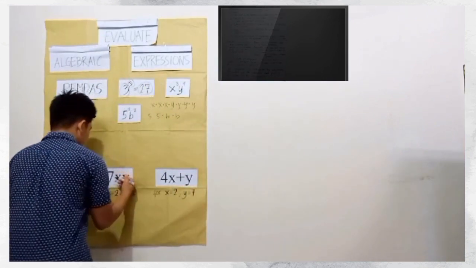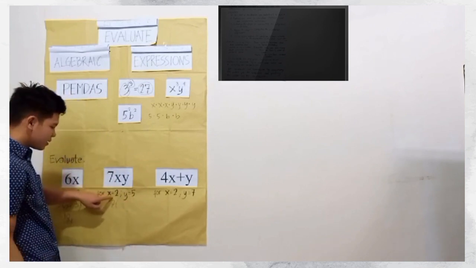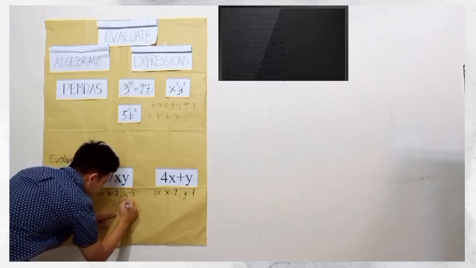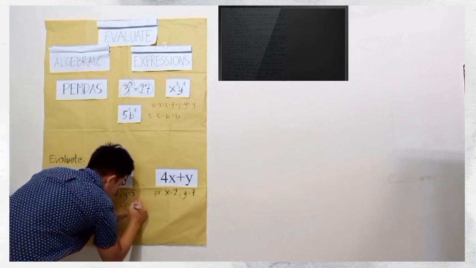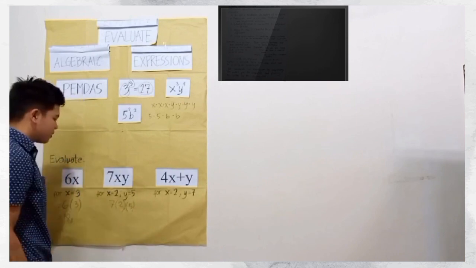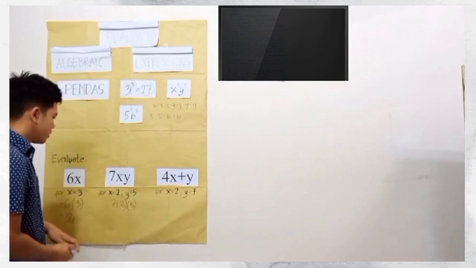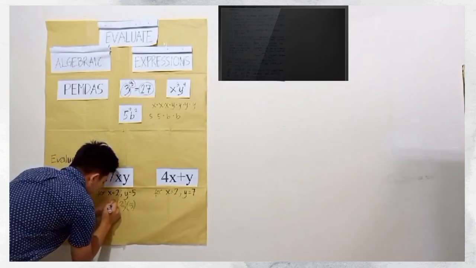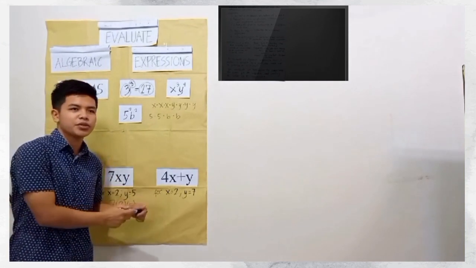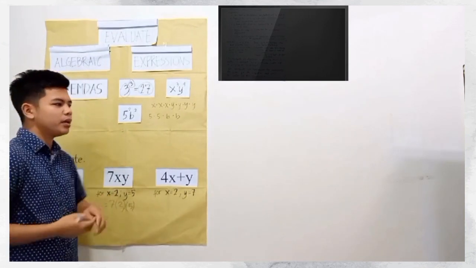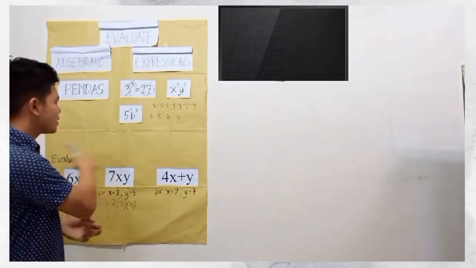So 7xy, we have 7 times our x, which is 2, so times 2, and our y is 5, so times 5. After we substitute the given values of the variables, we will apply the PEMDAS rule.